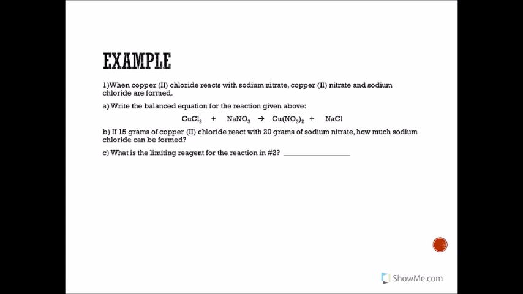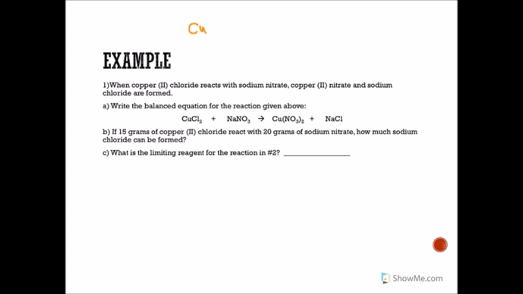And our next example here: when copper 2 chloride reacts with sodium nitrate, copper 2 nitrate and sodium chloride are formed. Write the balanced chemical equation. So we have our equation here. Let's make sure it's balanced. I'm going to rewrite it.